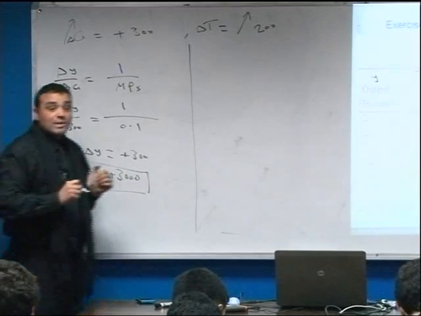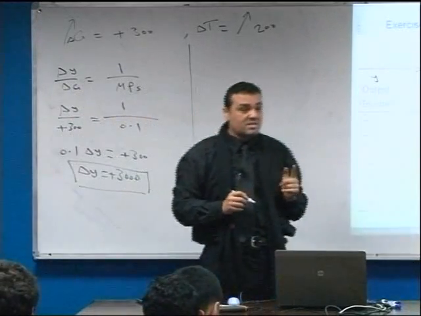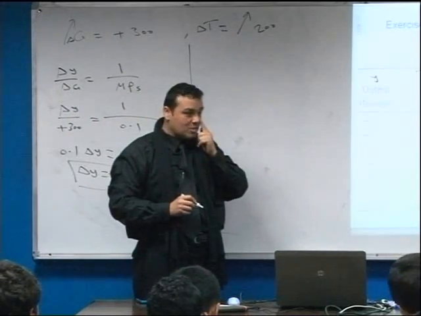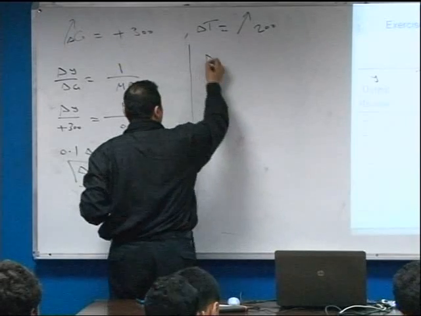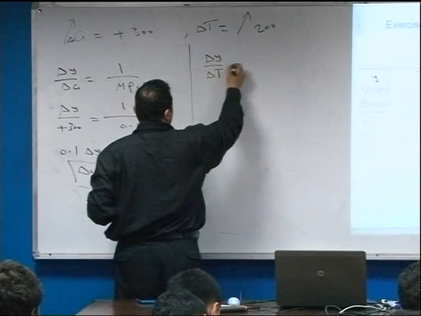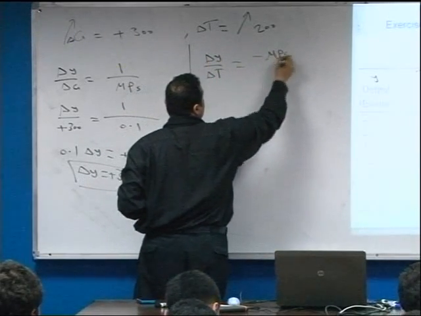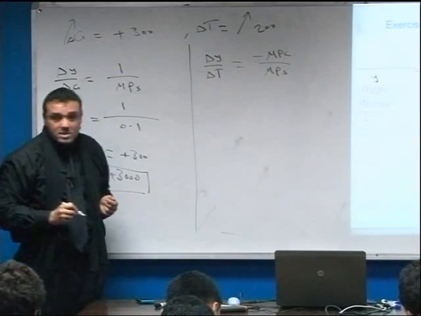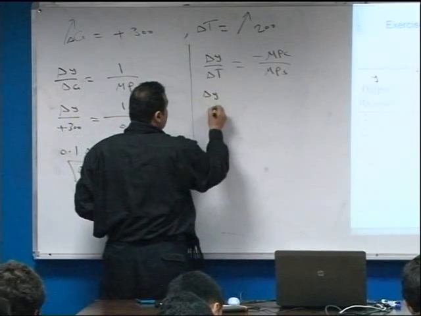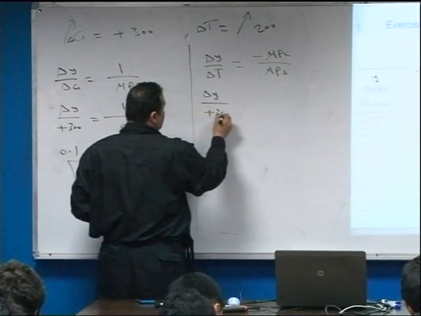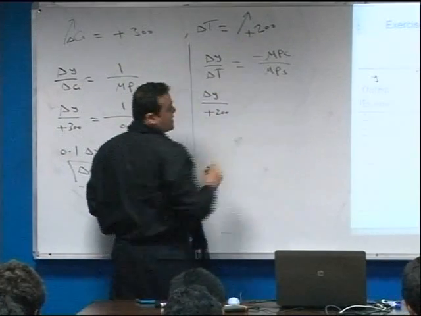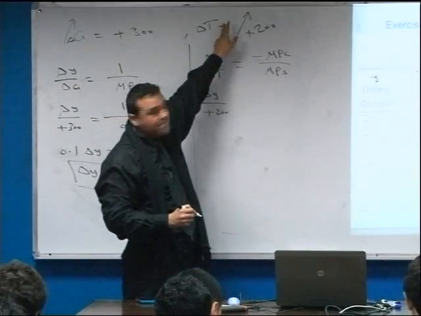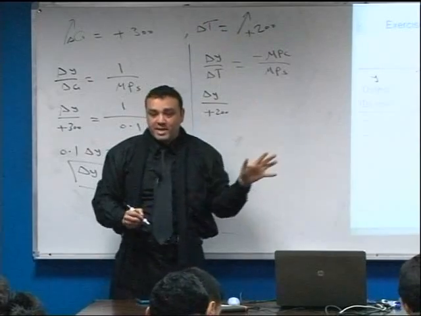Right? What about the effect of tax in this case? We have an increase in the taxes by $200 million. So delta Y over delta T equals minus MPC over MPS. Right? So delta Y over positive 200, because we have an increase in taxes. If we have an increase in taxes it should be positive, a decrease in taxes should be negative, right?